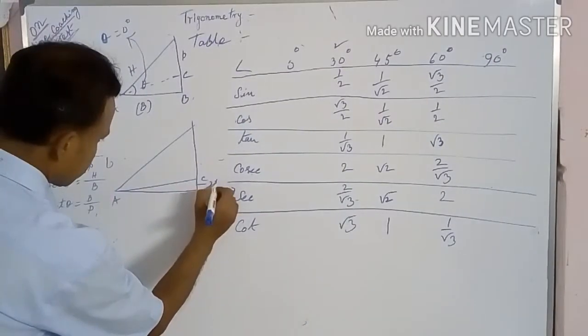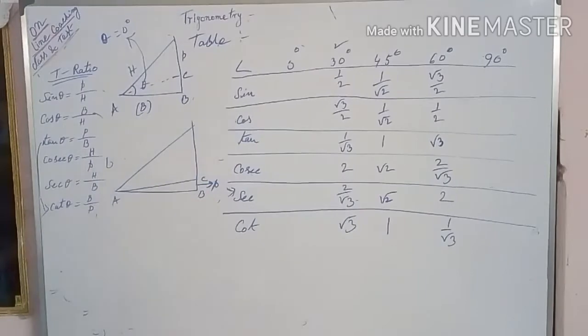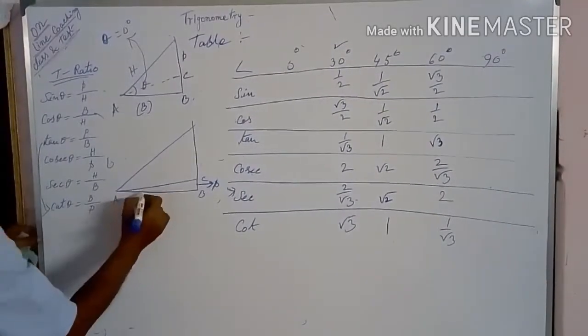This is P. Gradually the perpendicular is decreasing, then theta will be decreasing.